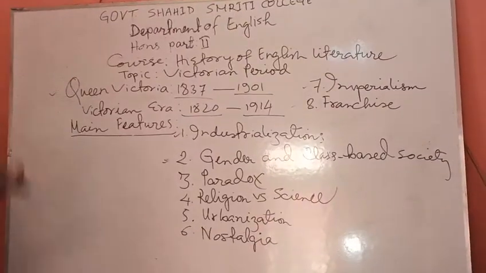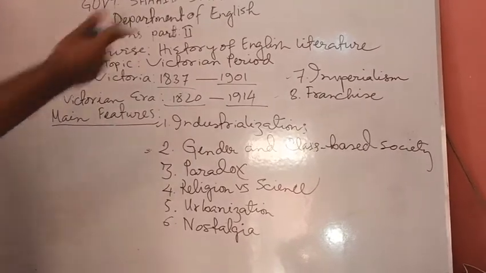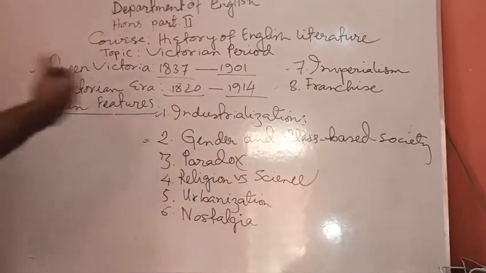The Victorian period is famous for a society based on gender discrimination, and the society was class-based.